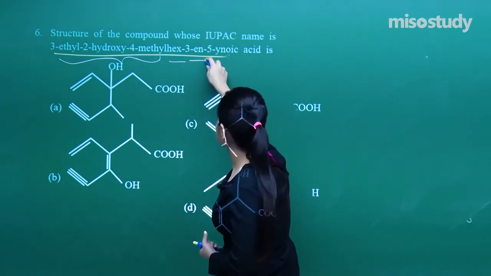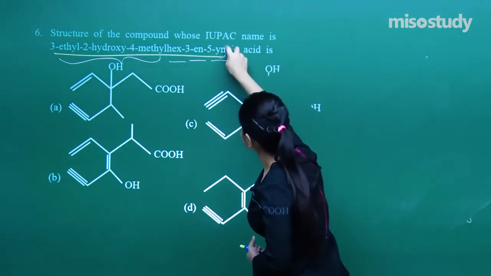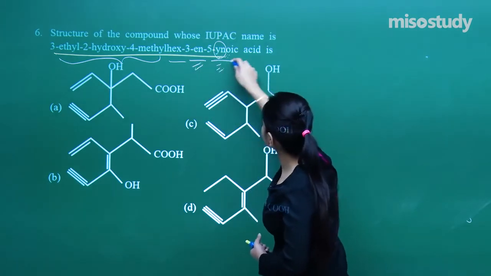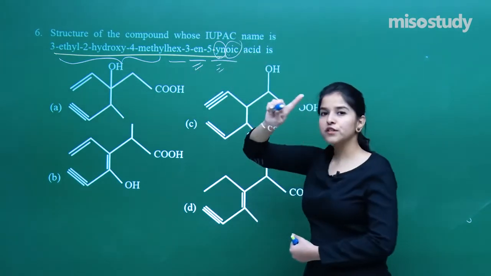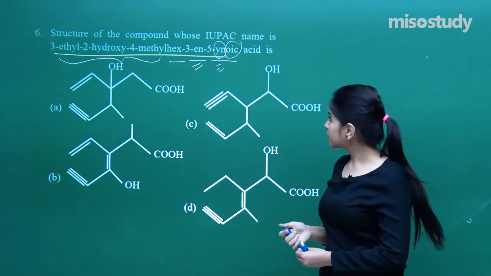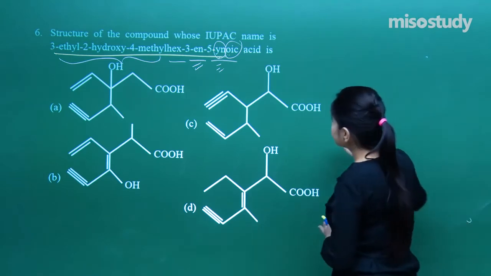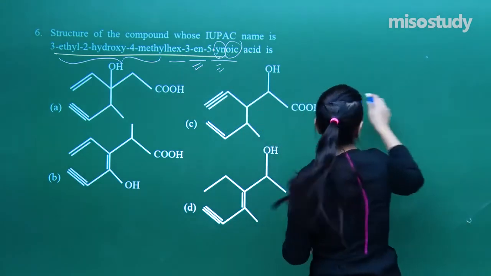3-ene, that is there is a double bond. 5-yne, that means there is a triple bond. Oic acid means on to the first position I have got carboxylic acid. So let us just make it. I have got the word root as hex, that means 6.